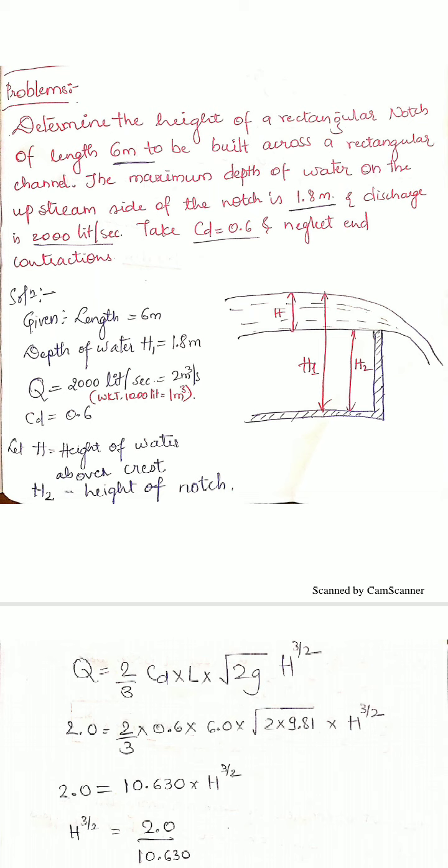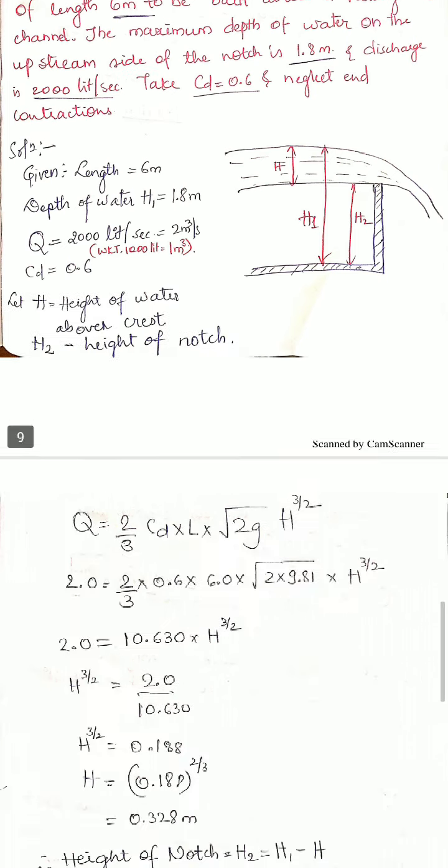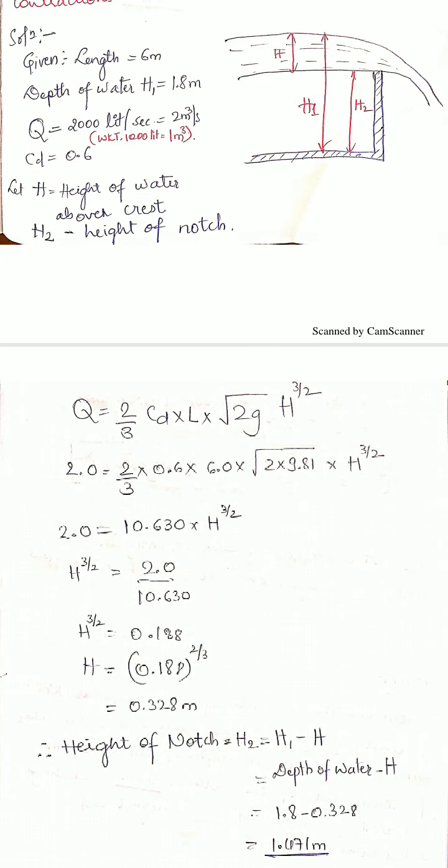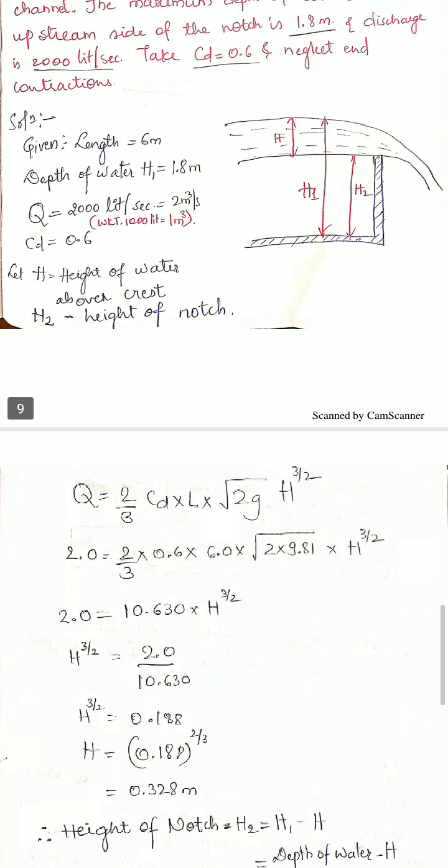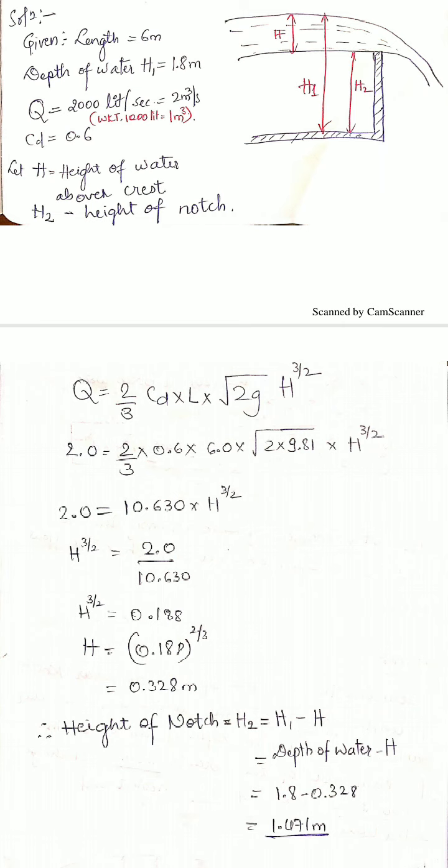Let's consider H1 as the height of water from the bottom, H as the height of water above the crest, and H2 as the height of the notch. You have to find H2.